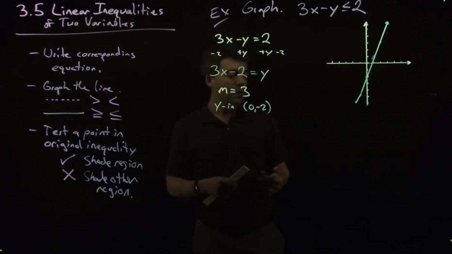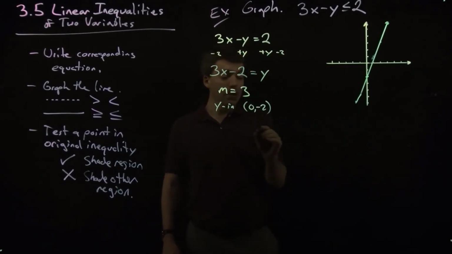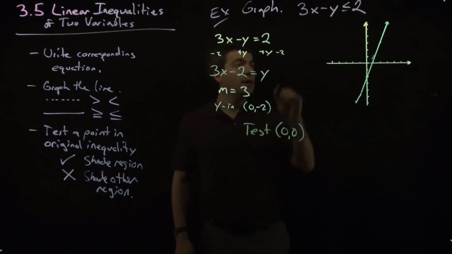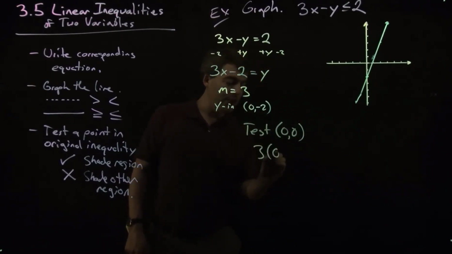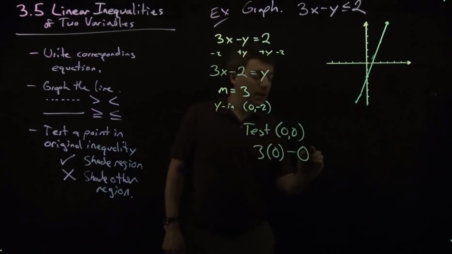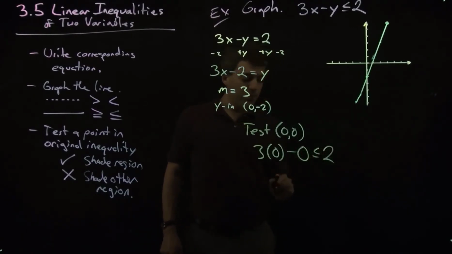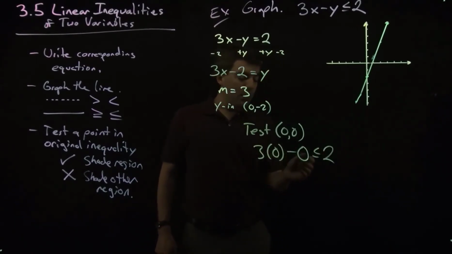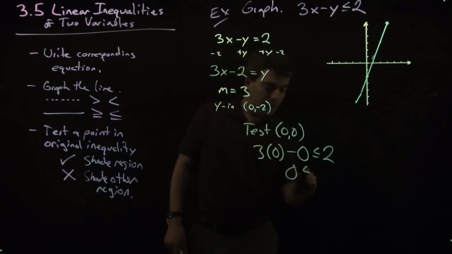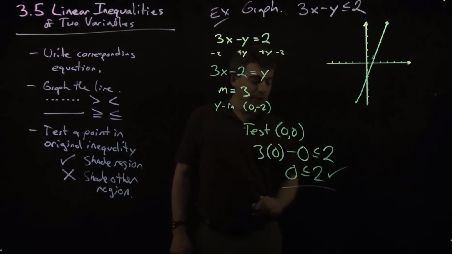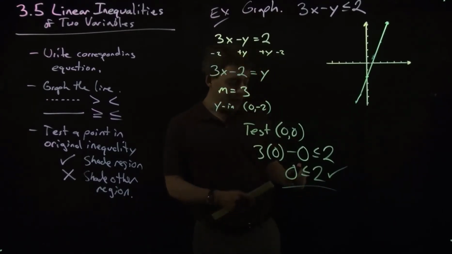So the location of the origin is 0, 0. So we'll test 0, 0. It gives us 3 times 0 minus 0 less than or equal to 2. 0 minus 0 is 0. Is 0 less than or equal to 2? Actually, yeah, that's true.